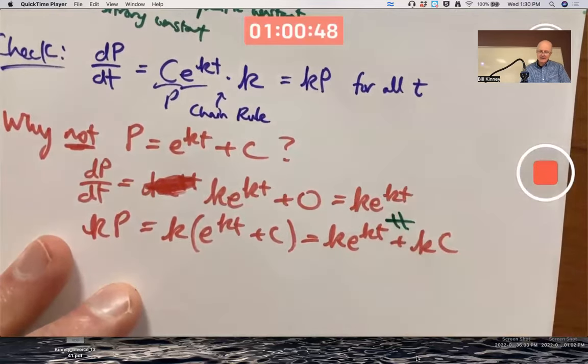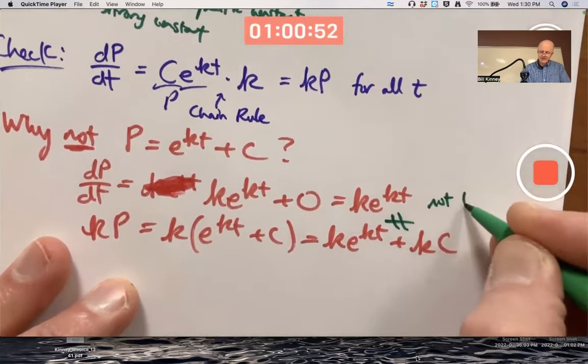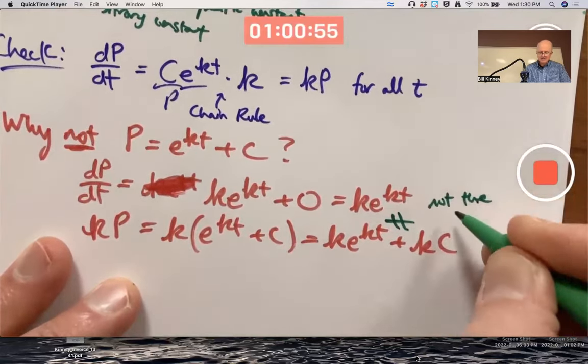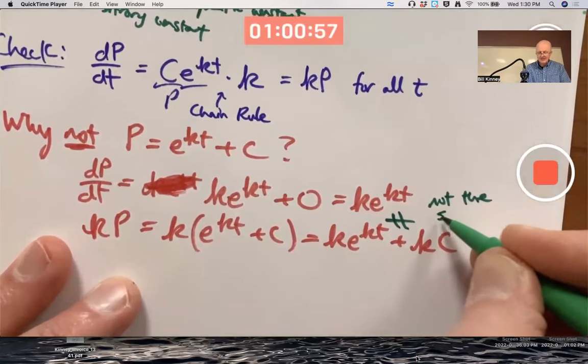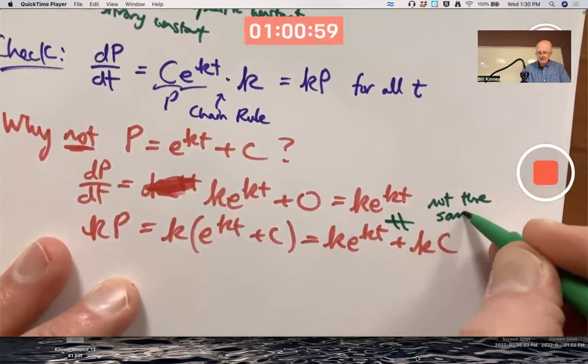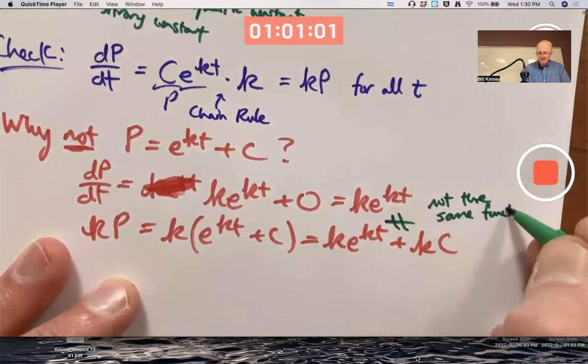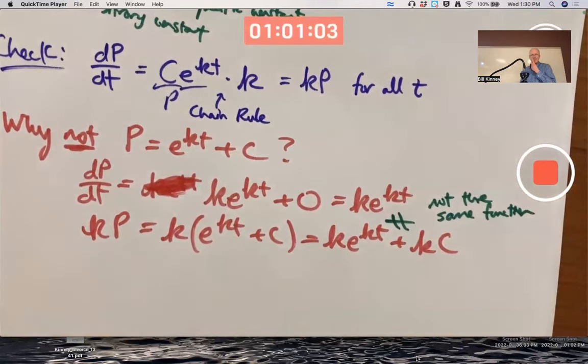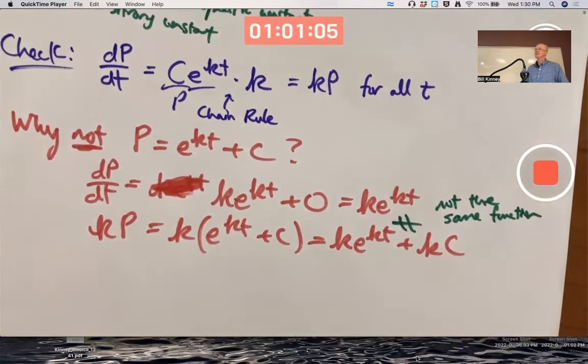That's a sideways not equal to there. They are equal if c is 0, but in general, c is not 0. So that's why not. This function, when c is non-zero, does not have the property that its derivative is always k times itself.